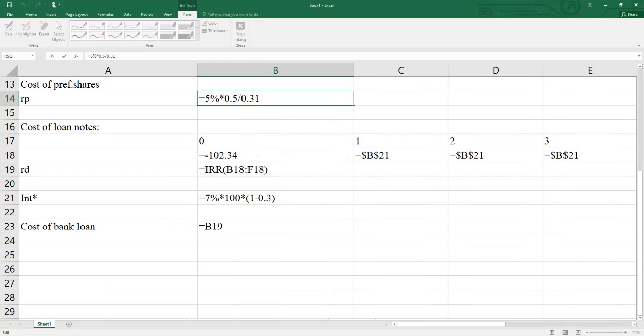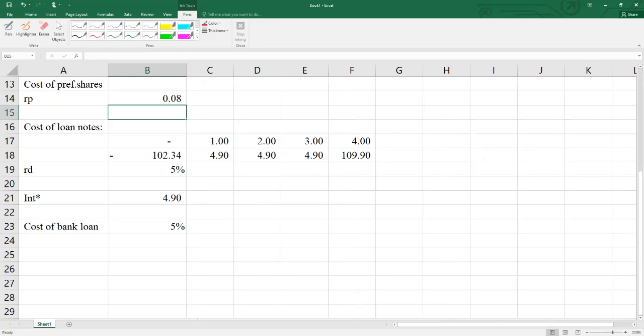So don't multiply by 100. In case they are 0.0 something, let them stay like that. If I multiply by 100, I'll get 8, and if I then use a percentage, it'll become 800%. So don't multiply, just leave it the way it is. It's much better, because if you multiply, you will end up making mistakes.